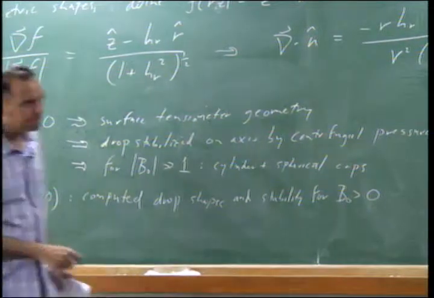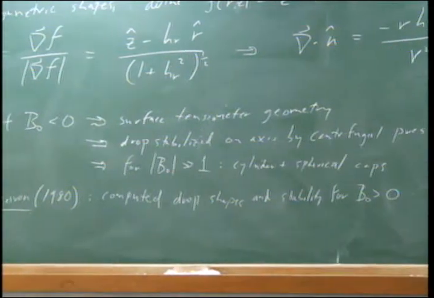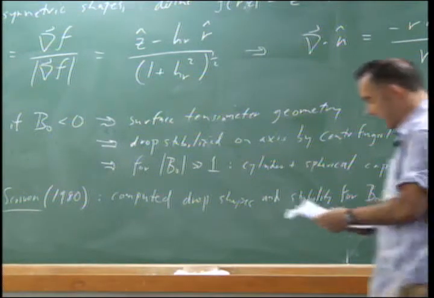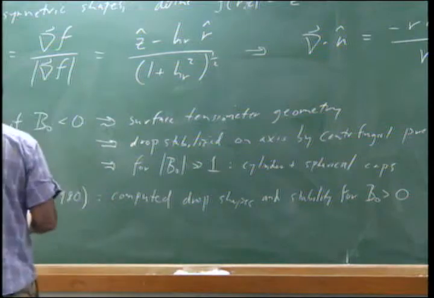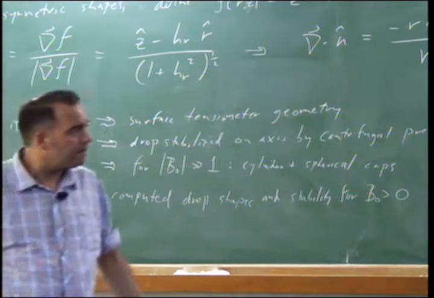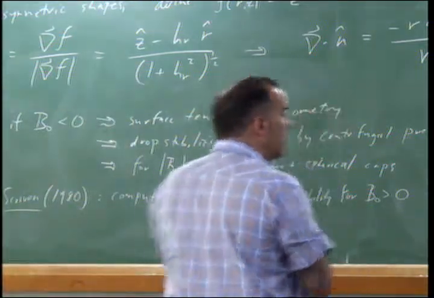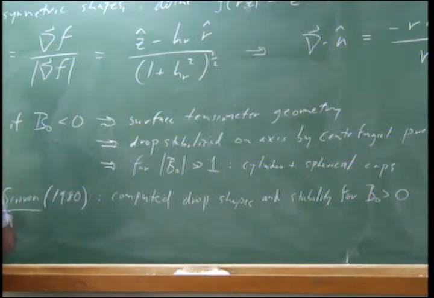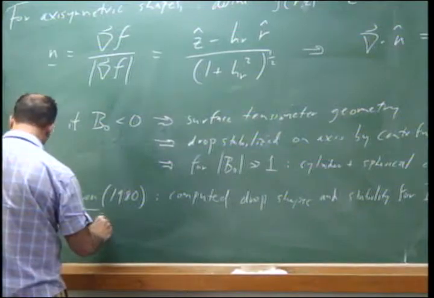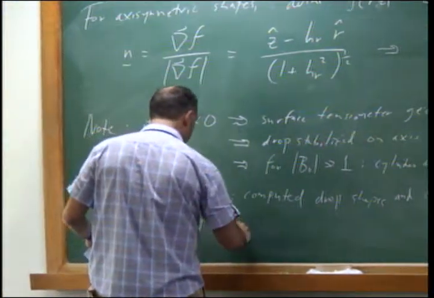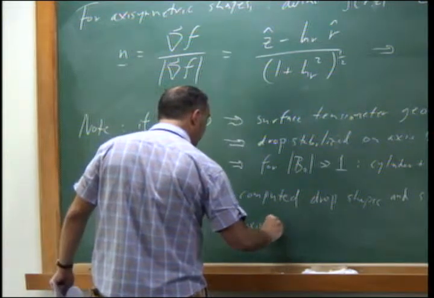Okay, so for Bond number, for weak rotation, you only get these axisymmetric solutions.